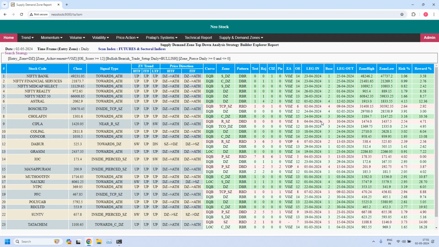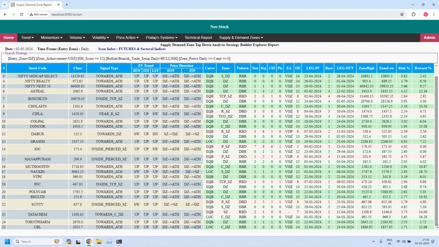If you don't have that knowledge, complete the training lessons starting from lesson 1.1. Only after completing lesson 20 should you get into these reports. I'm recommending all the members, you must use software reports only after completing the supply demand zone price action course. Okay, let me scroll down.